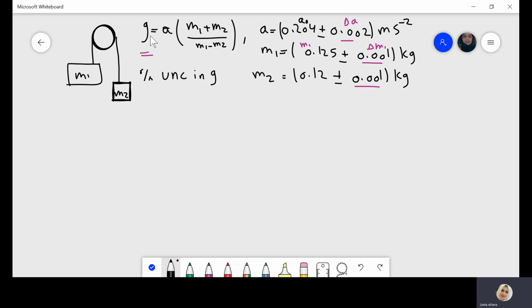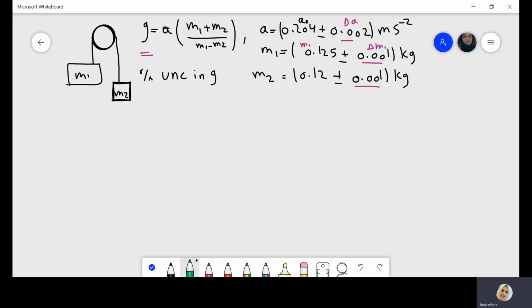Now the formula, we have A multiplied by the ratio between the two masses divided by the difference between the two masses. If I have multiplication or division, you always find the fractional uncertainty and you add the fractional uncertainties.